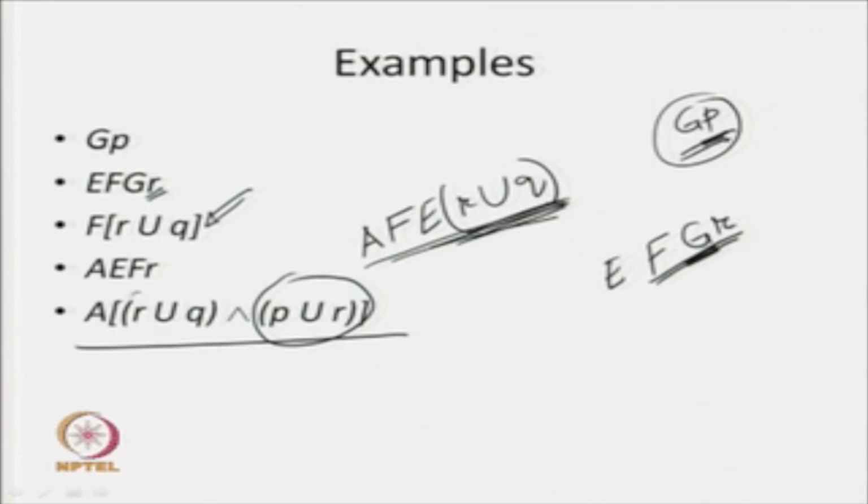Similarly, R until Q is also a temporal formula, but not a CTL formula, because this until operator is not preceded by any path quantifier. Since these two components are not CTL formulas, their conjunction will also not be a CTL formula. So in that case we say that this is not a CTL formula.